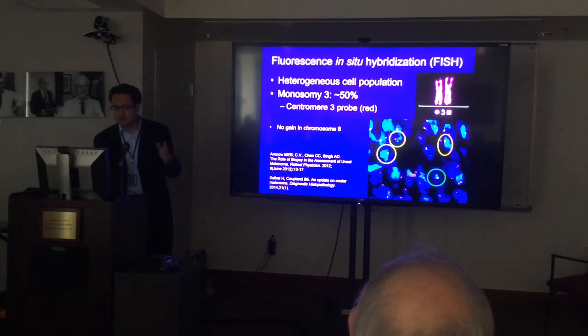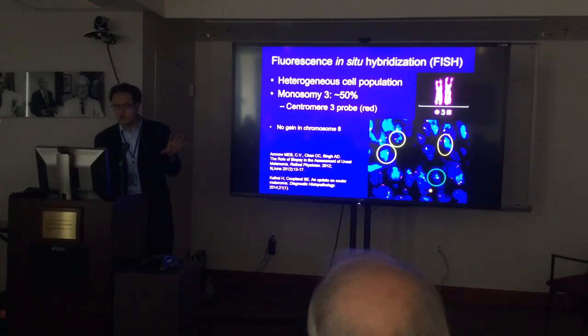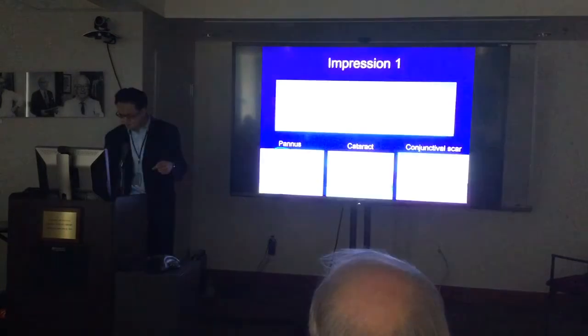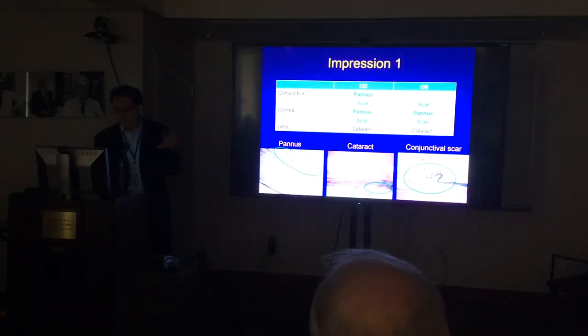So on this FISH image of our melanoma, you have a heterogeneous cell population, and computerized image analysis suggests that roughly 50% of our tumor was composed of cells with monosomy 3.